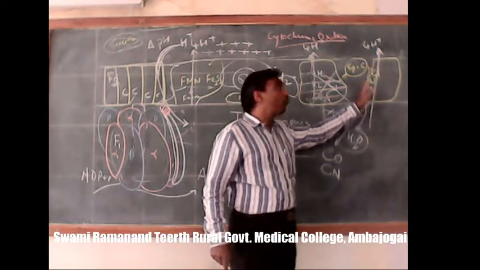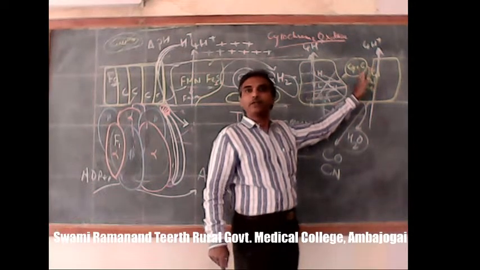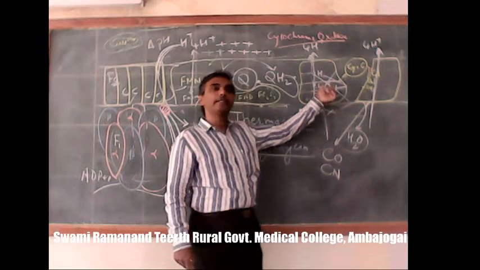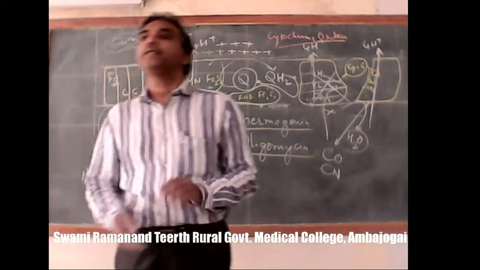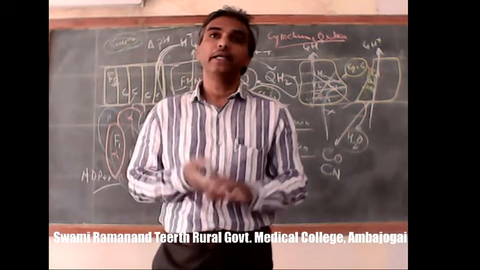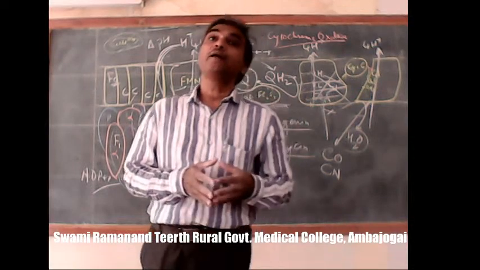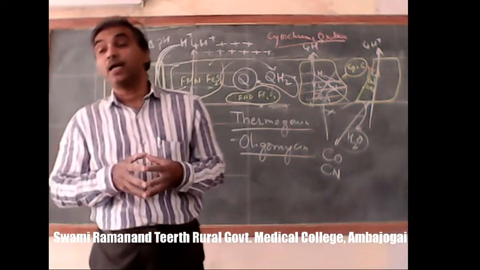When this accepts from cytochrome C, then it gets oxidized. Otherwise, it remains reduced, and if it remains reduced, it cannot accept electrons. So everything stops, and there is immediate death in cyanide poisoning. So these are certain inhibitors and uncouplers of the electron transport chain.